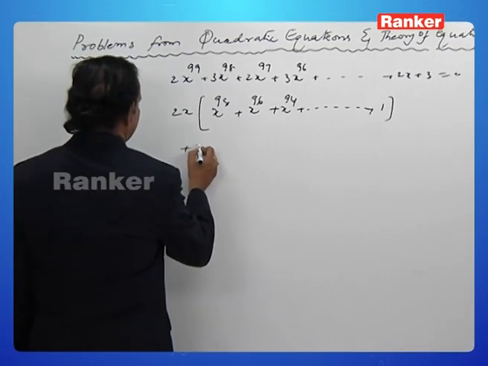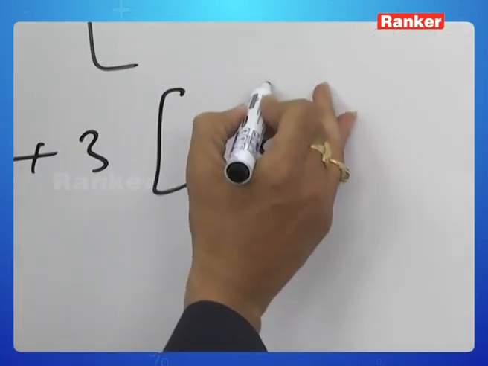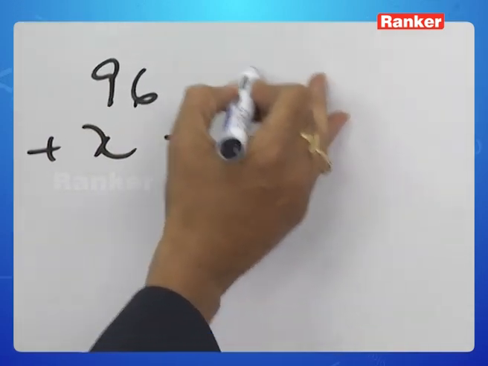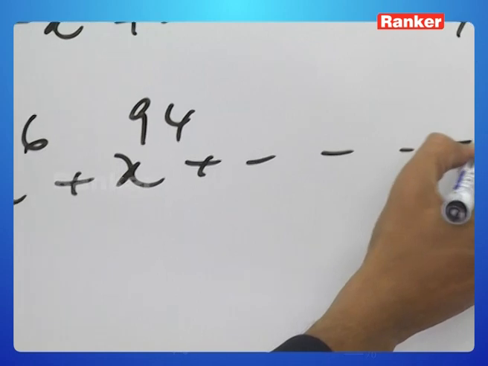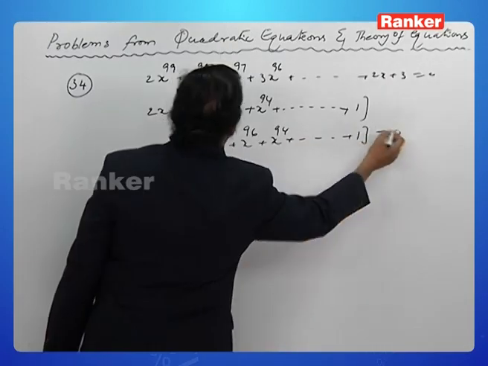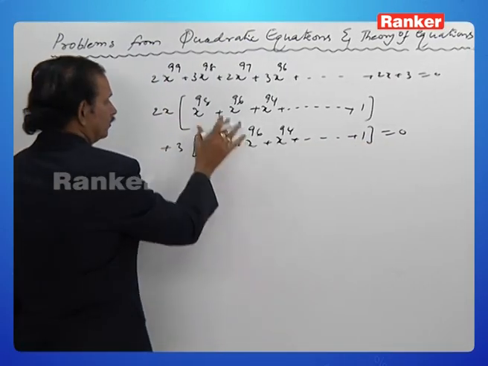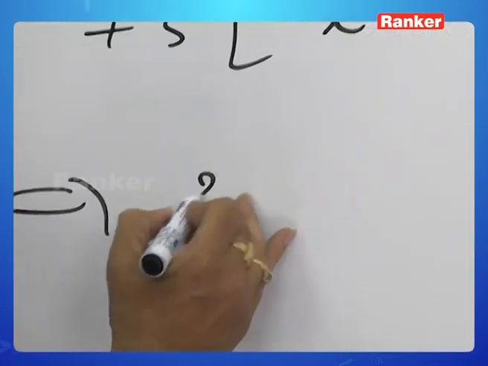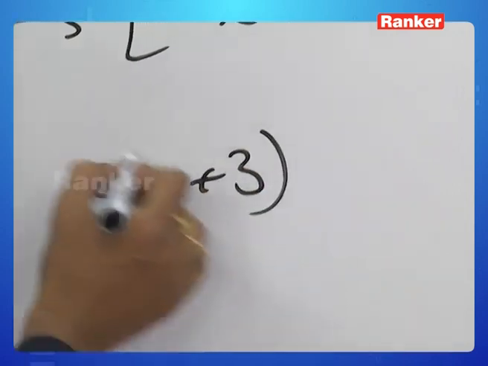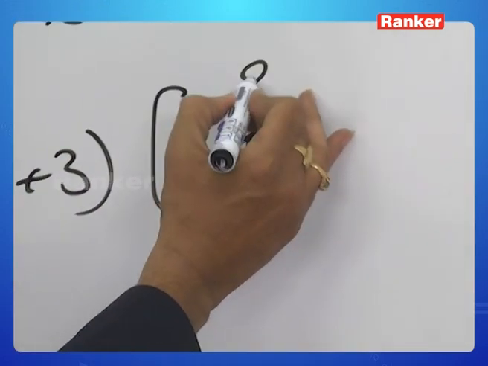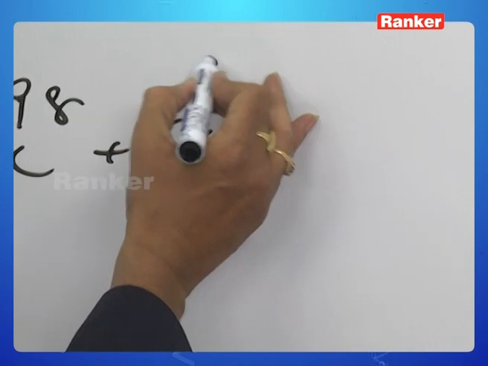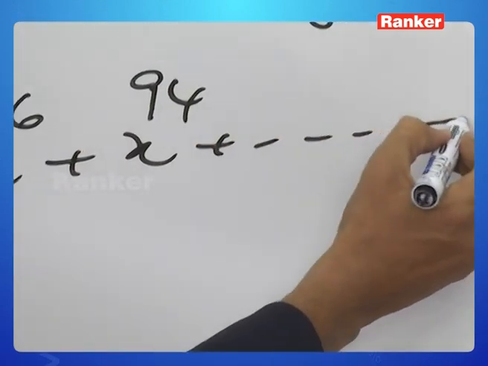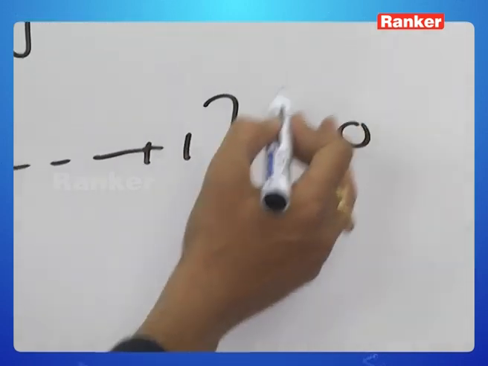Then take 3 as a common factor: 3 into x power 98 plus x power 96 plus x power 94 and so on, plus 1 is equal to 0. In these two, this big bracket comes out as a common factor, leaving you 2x plus 3 into x power 98 plus x power 96 plus x power 94 plus and so on plus 1 is equal to 0.